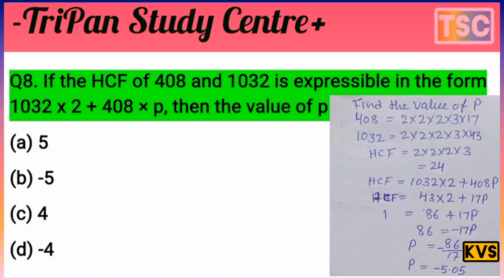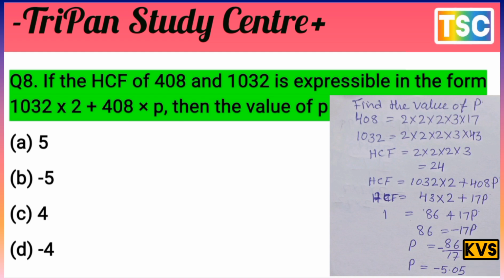Take a notebook first of all and note this question. First, take the factorization of 408. 408 is 2 into 2 into 2 into 3 into 17. Okay, factorized here.